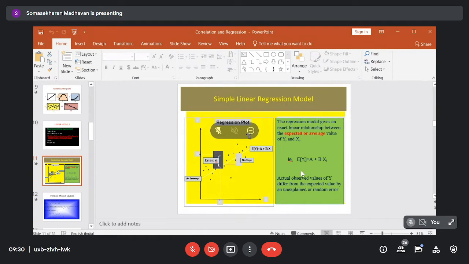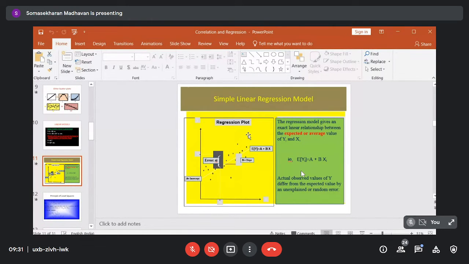The regression model gives an exact linear relationship between the expected or average value of Y and X. Since the relation is statistical, you cannot find out the exact value of Y for a given X. So we just take the mathematical expectation or conditional expectation, that is expectation of Y given X. Or what will be the expected value of Y for a given X. This is the thing we usually do in regression.